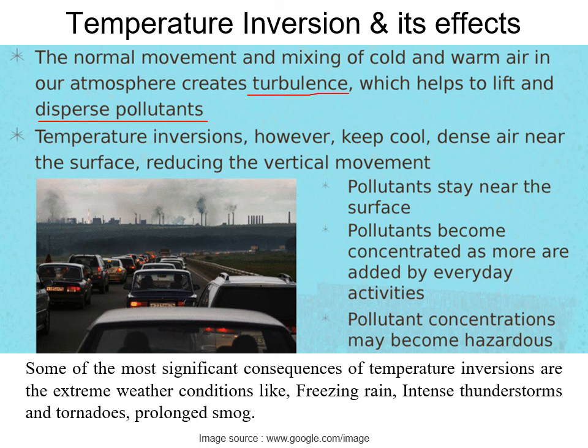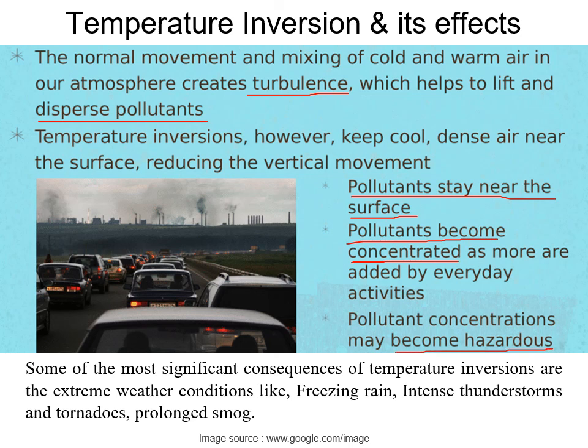Temperature inversions, however, keep cool, dense air near the surface, reducing the vertical movement. And due to the temperature inversion, when the dense cool air occurs close to the surface, the pollutants also stay near the surface. At the surface, pollutants become concentrated and affect badly the organisms living at the earth's surface, and sometimes it becomes hazardous.